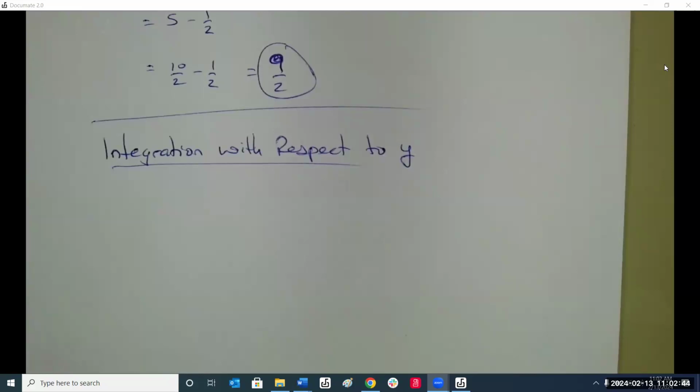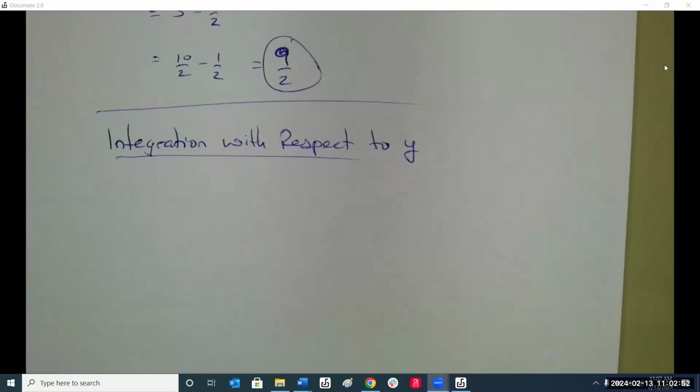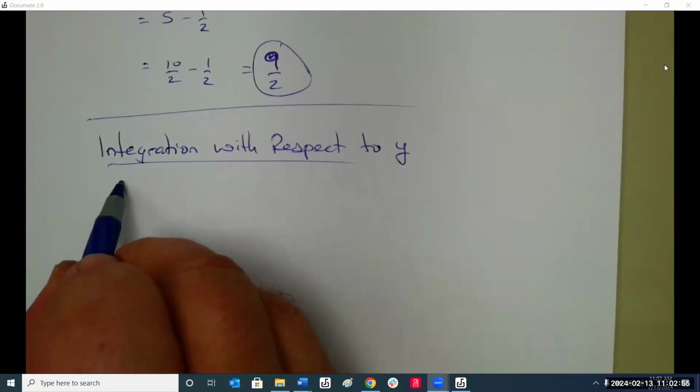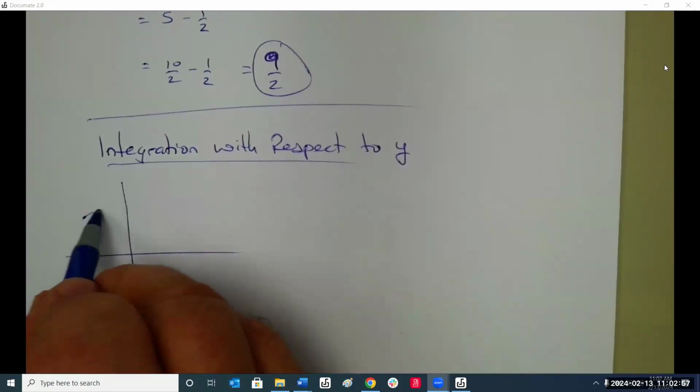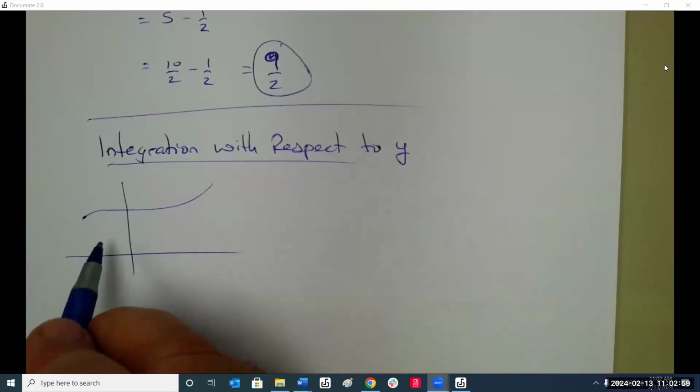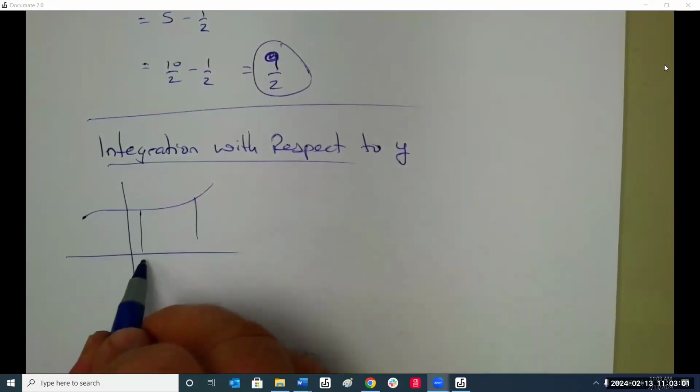So what that means in the past, we've always done it this way with respect to the x-axis.